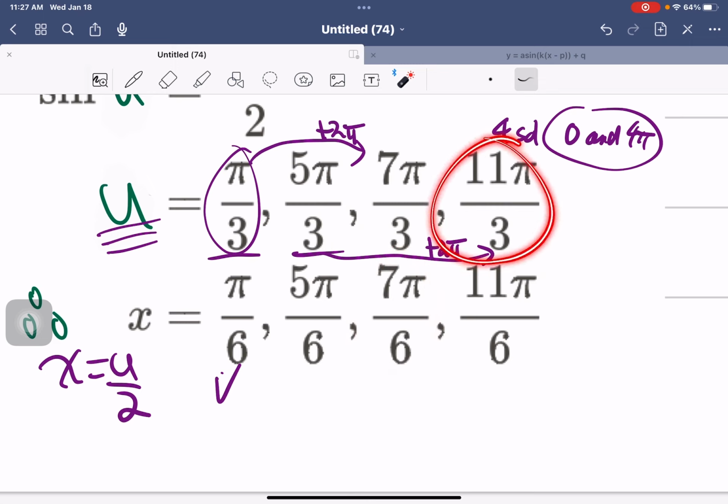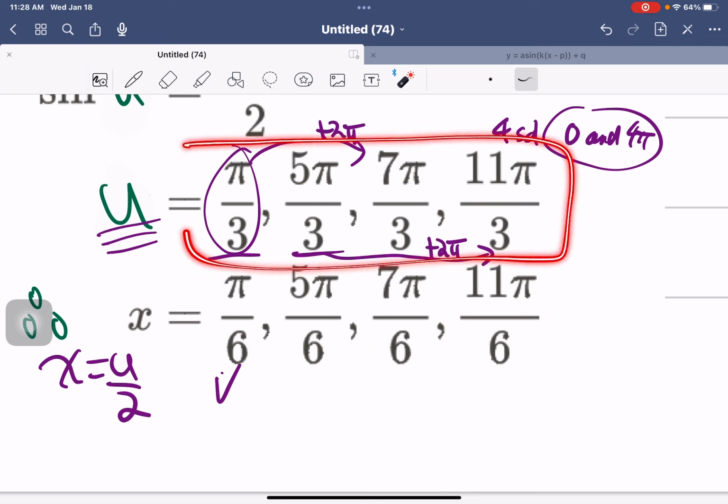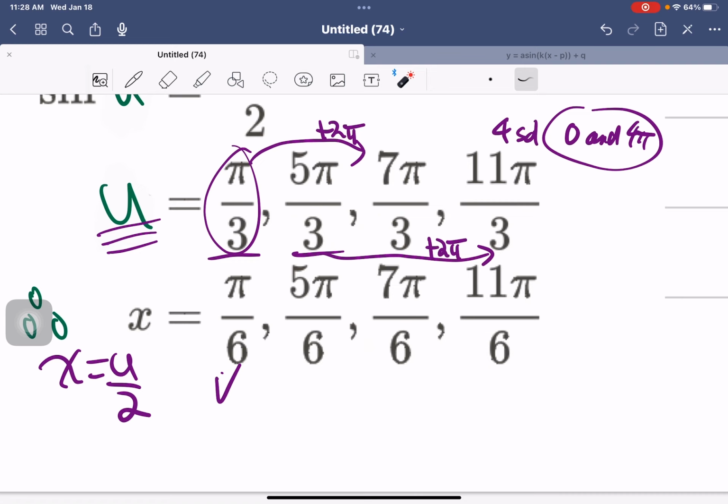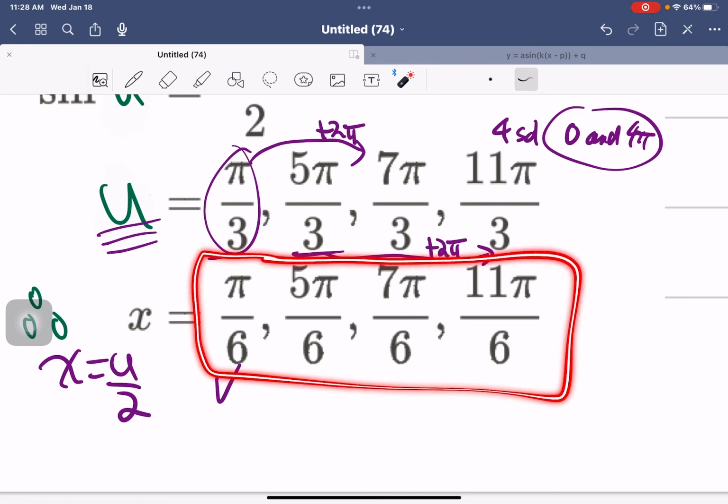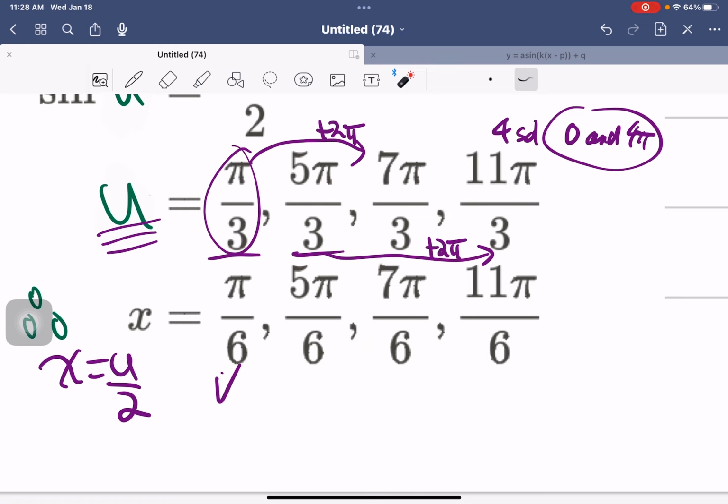And 11 pi by 3 divided by 2 is 11 pi over 6. 4 solutions between 0 and 4 pi become 4 solutions between 0 and 2 pi, because the period for sine of 2x is just pi.